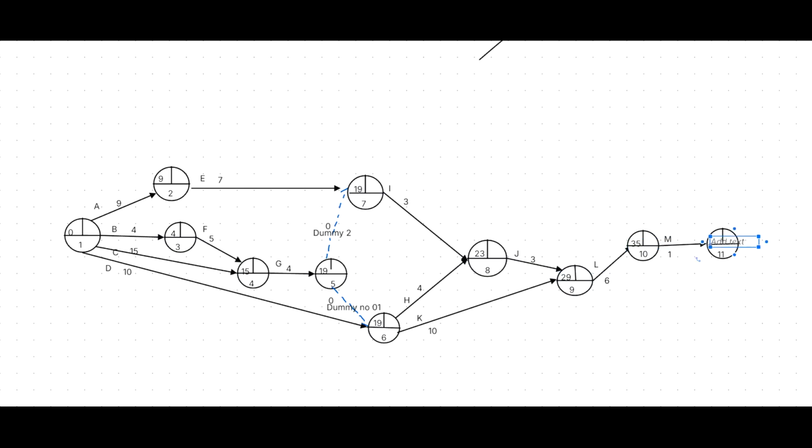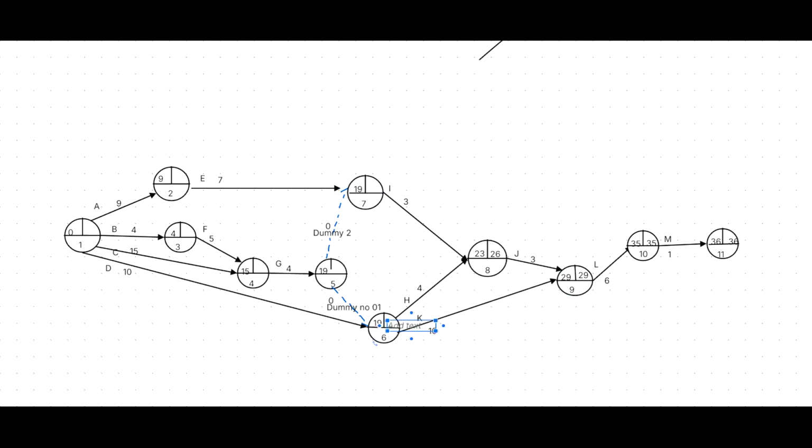Then you can write the same figure as the latest completion time. Then 36 minus 1, the 10th event, 35. 35 minus 6, 29, 9th event. 29 minus 3 for the 8th event should be 26, only one backward path. Then for the 6th event, there are two paths via the H and K backward. 26 minus 4 is 22. 29 minus 10, 19 is the least value.